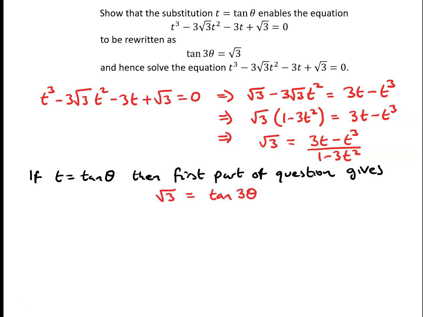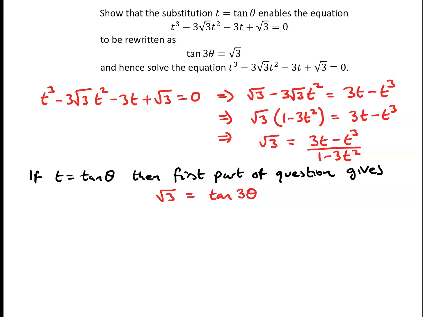But from what we've just done, if t is tan theta, then (3t minus t cubed) over (1 minus 3t squared) is precisely tan 3 theta. So I've got the equation tan 3 theta equals root 3.